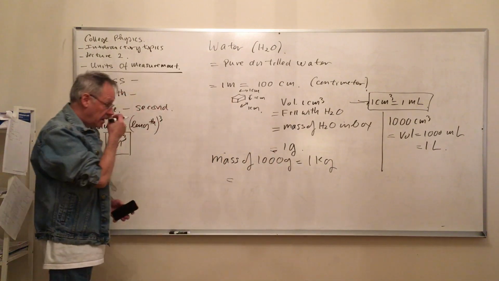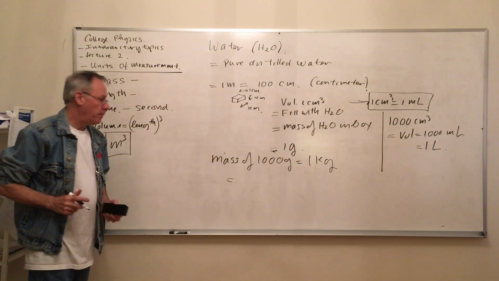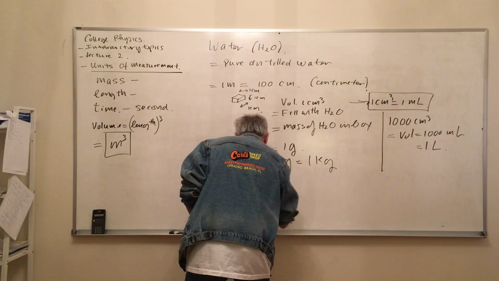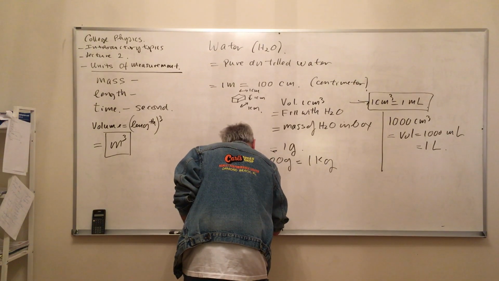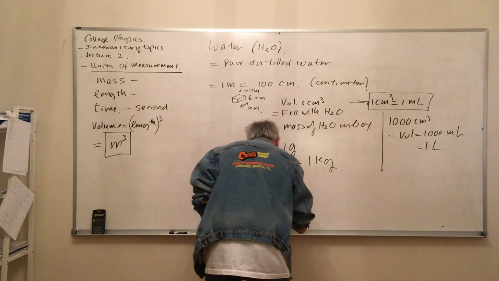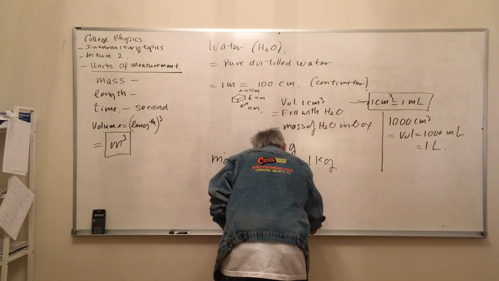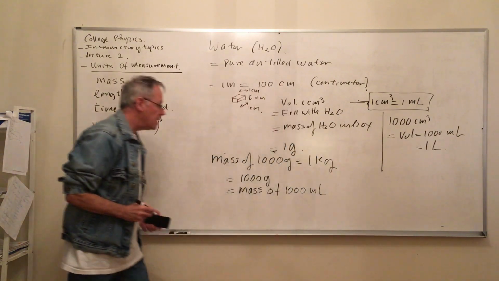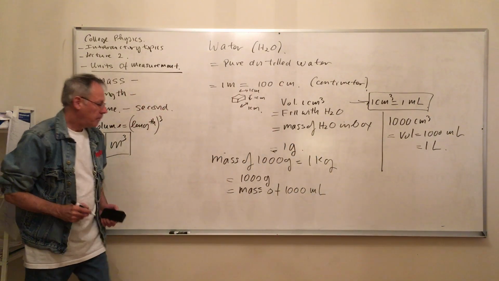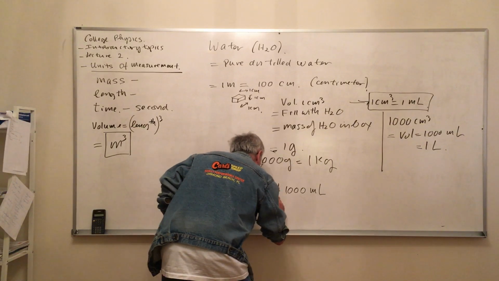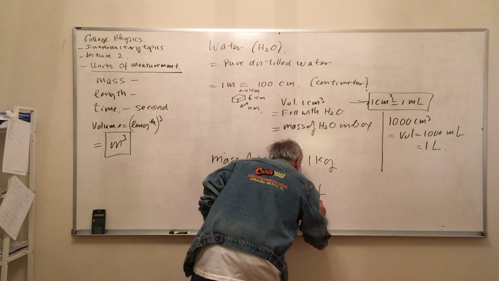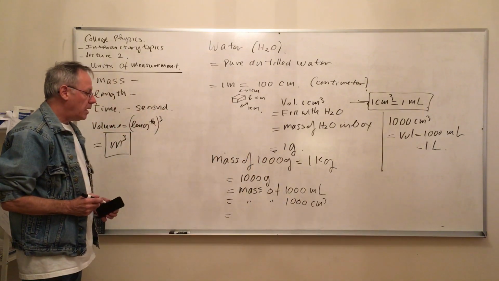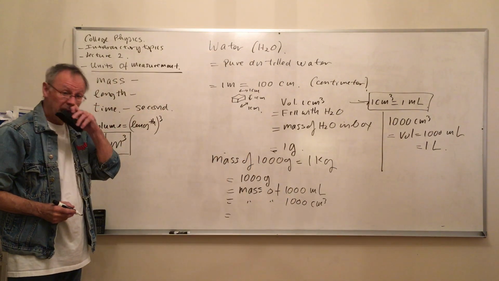Now the mass of 1,000 grams is a kilogram. That's also the mass of 1,000 milliliters of water. It's also the mass of 1,000 cubic centimeters of water.